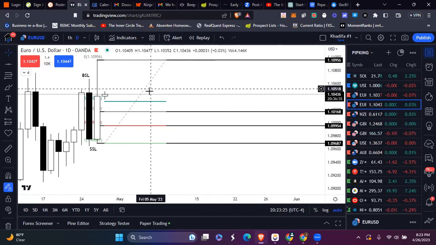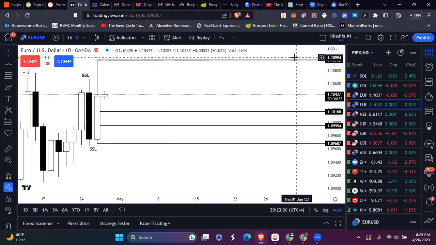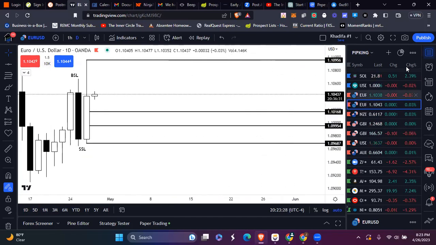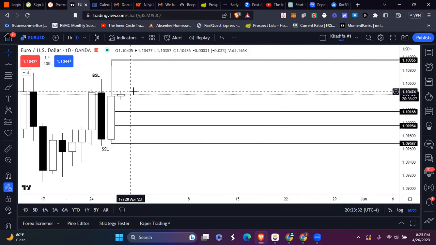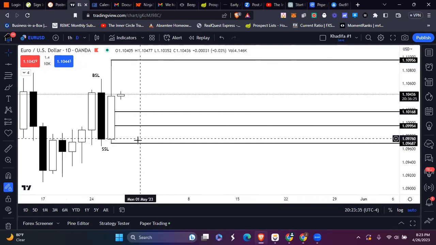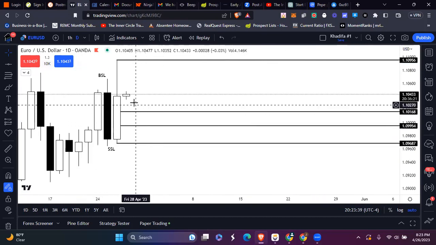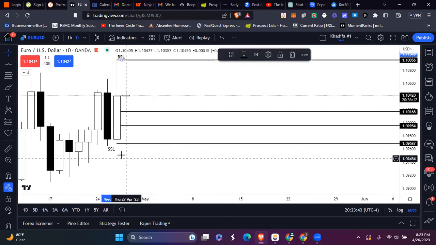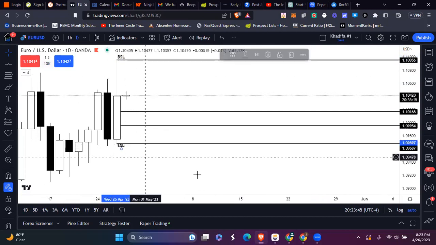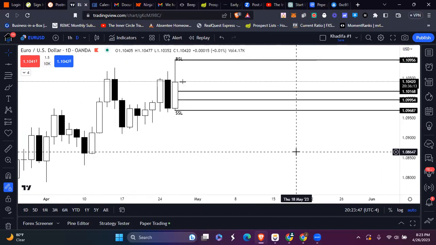So that's what we're going to be looking at for Euro going forward. See if we get a pullback down into today's discount levels. And if not, then we will be looking to run today's buy side liquidity. So you know how it go.